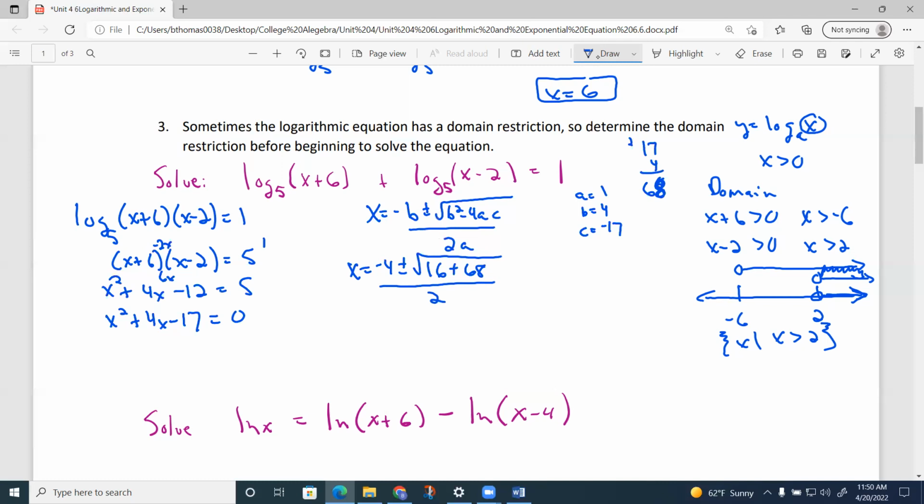So then x equals negative 4 plus or minus the square root of 84 over 2. Now remember, we're supposed to pull out the perfect square inside the radical if there's one. As far as perfect squares go, 2 squared is 4, 3 squared is 9, 4 squared is 16, 5 squared is 25, 6 squared is 36.